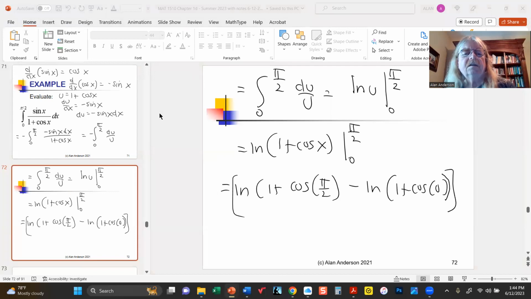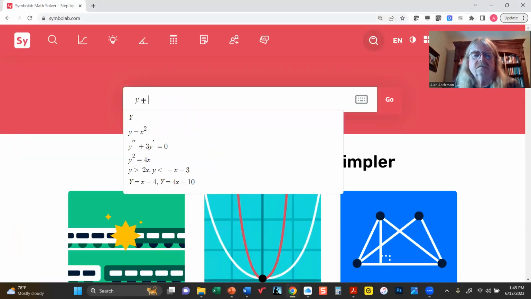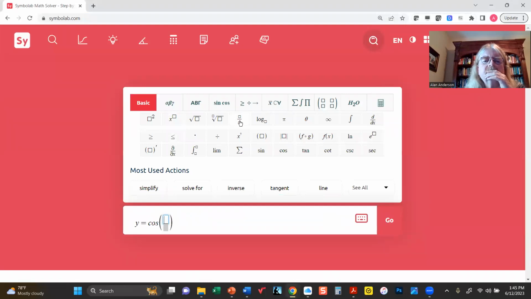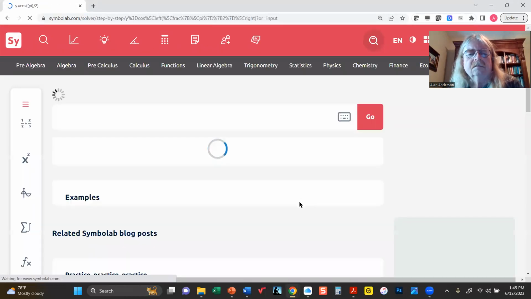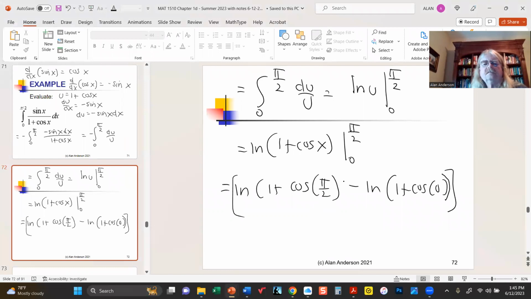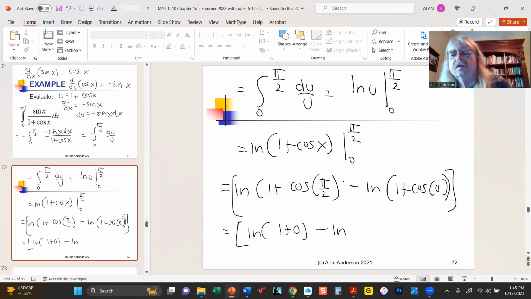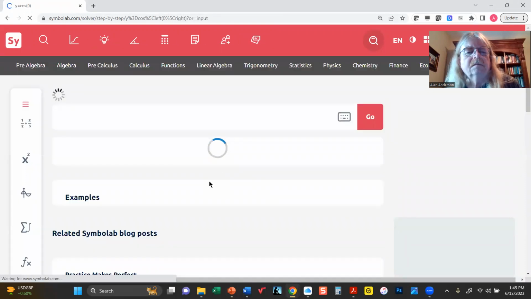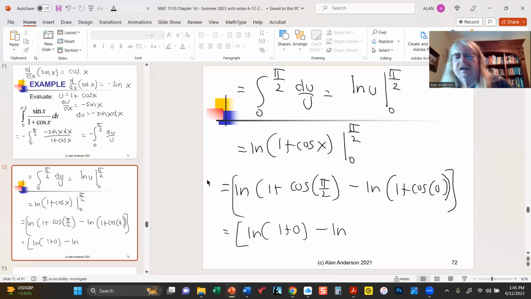So cosine pi over 2 is 0. Okay. And the cosine of 0 is 1. Okay.